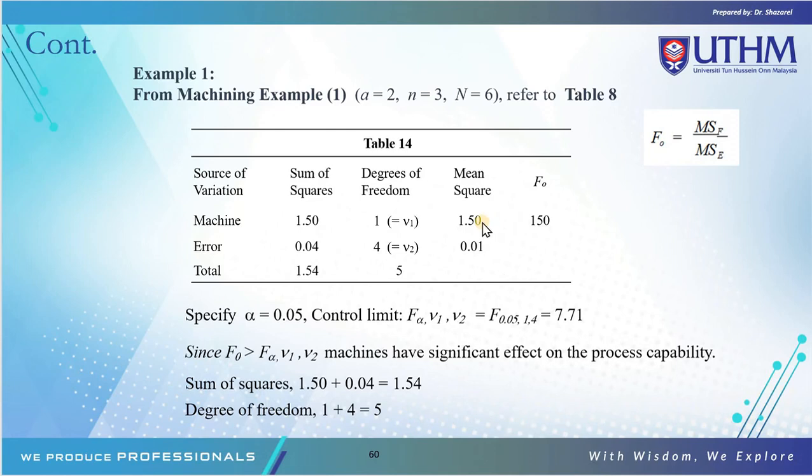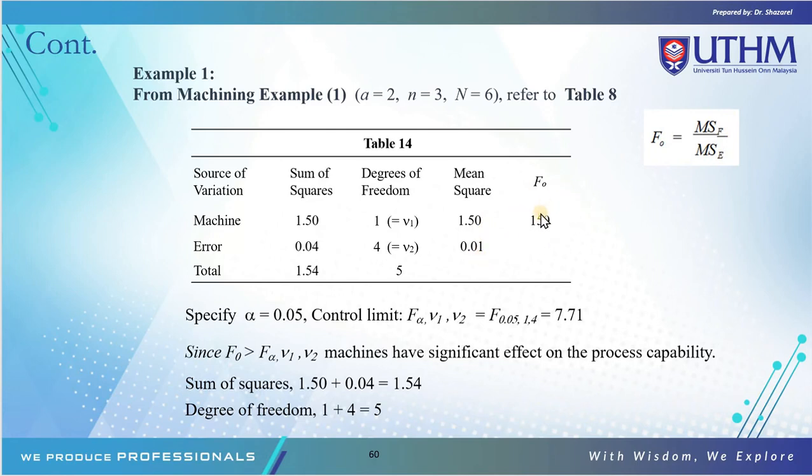From that we can calculate F naught, which is the ratio of the mean square of the factor divided by the mean square of error, and we obtain 150.